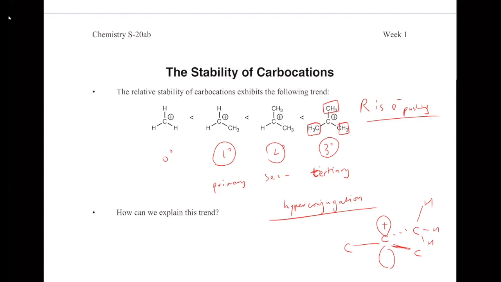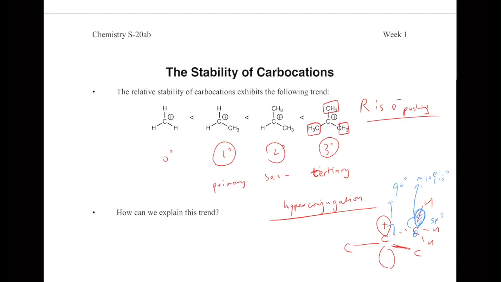So now we can see the angle here. The angle here is 90. The angle here is around 109.5. We know the CH bond is also made by sp3 hybridization, right? This is the sp3 hybridized orbital.